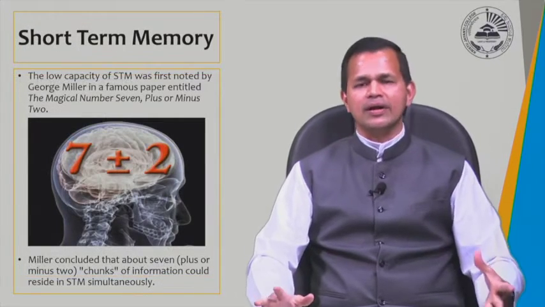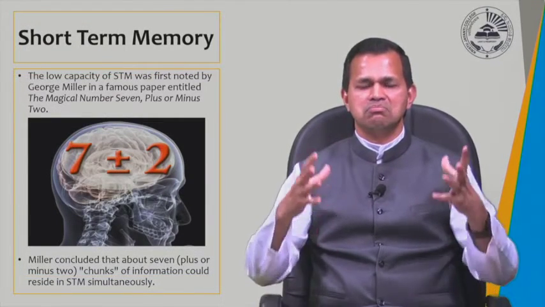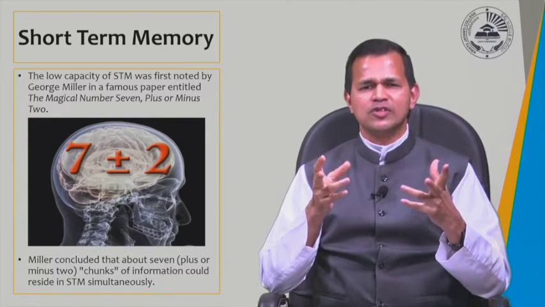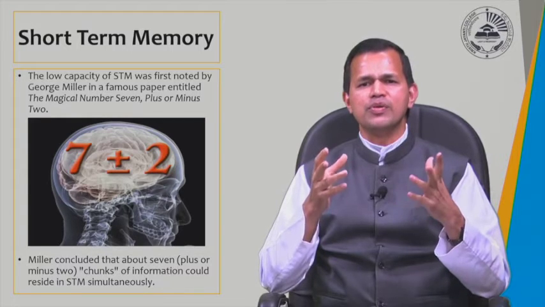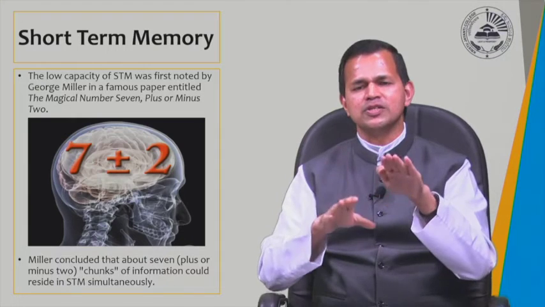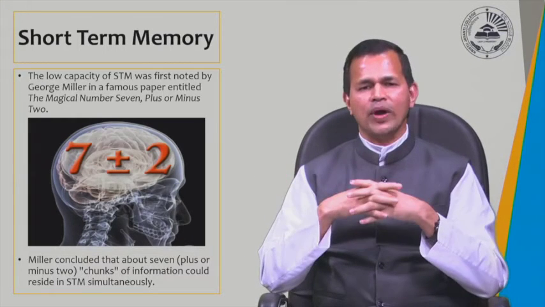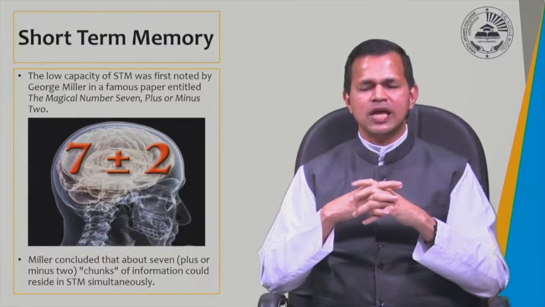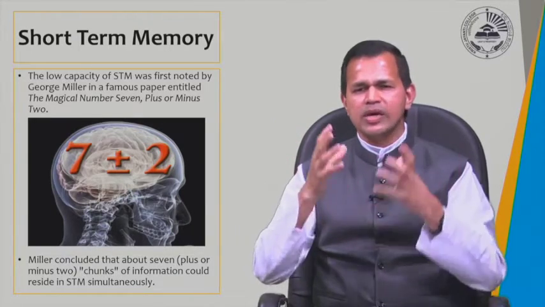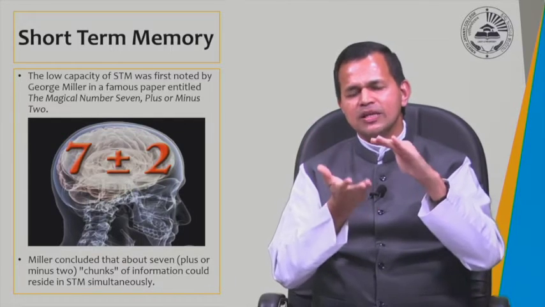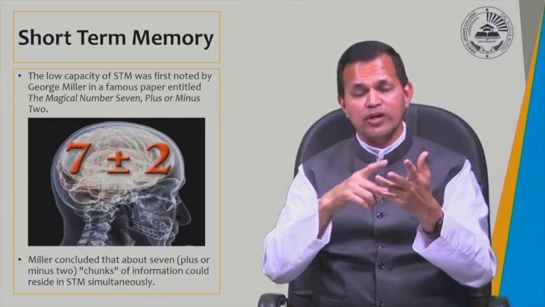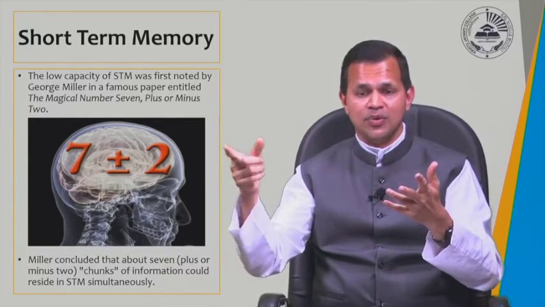It was George Miller who discovered that we humans have a short-term memory capacity of 7 plus or minus 2. Whatever we are going to remember has to be in the form of 7 or 8 or 9, like if I say the numbers 1, 2, 3, 4, 5, 6, 7, 8, 9, that is the maximum capacity.